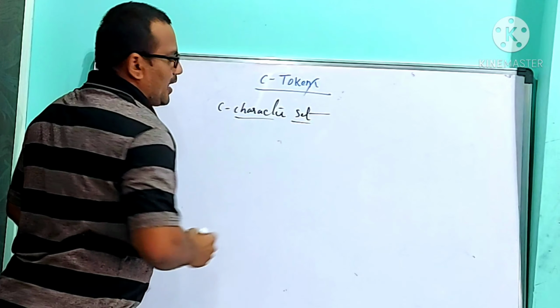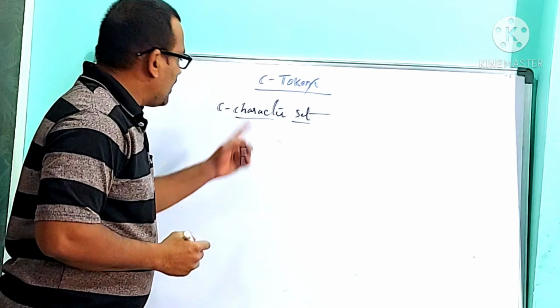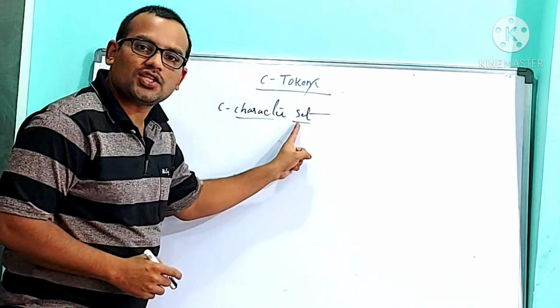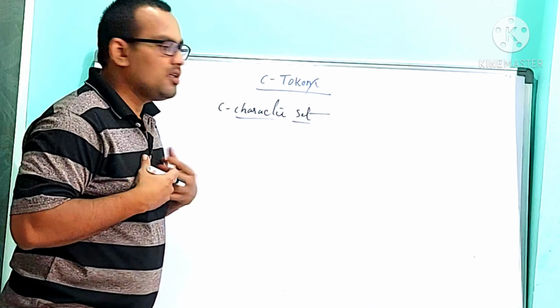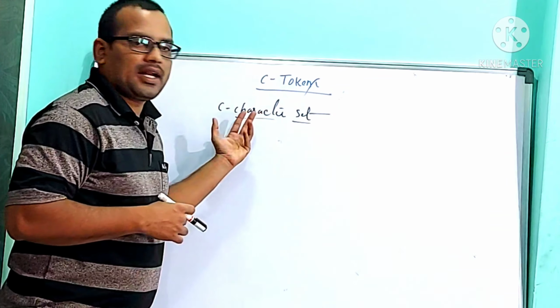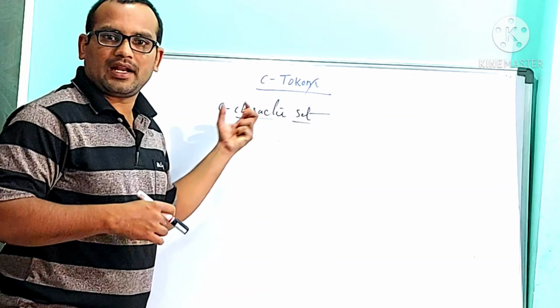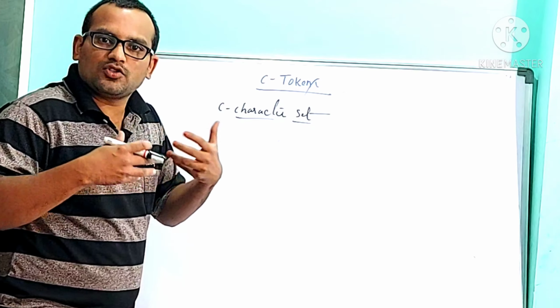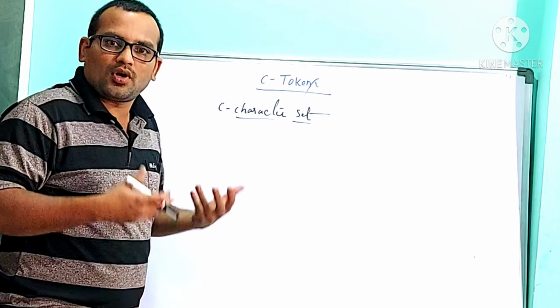What is meant by character set? The name itself contains character set. Set means group of. C character set represents the set of characters, the group of characters which we are using to write a C program.